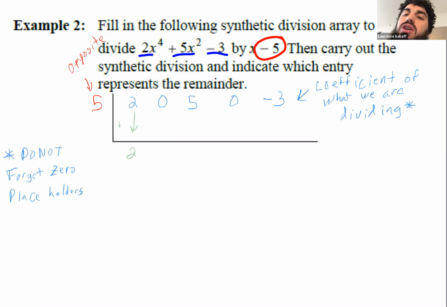So what I'm now going to do is take this 5 and multiply here. So 5 times 2 is 10. That comes up to this next slot. Do we have questions about where this is coming from right now, where I got that 10? So I brought down the 2. 5 times 2 is 10. Then we're going to add and multiply again.